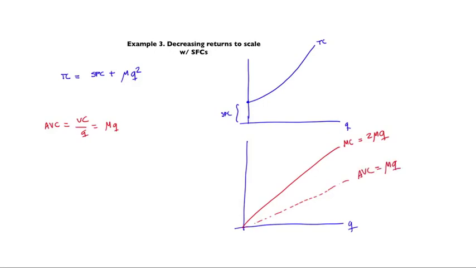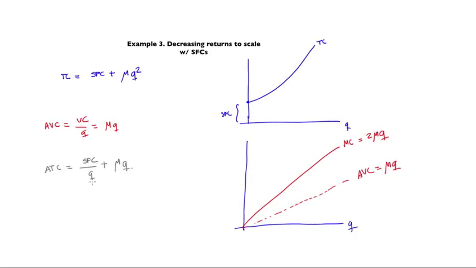Now the really interesting one in this example is the average total cost, which is equal to the semi-fixed cost divided by Q plus the average variable cost, mu Q. So let's think about what happens. When Q is very large, the fixed cost term is 0, and therefore average total cost and average variable cost become very close.